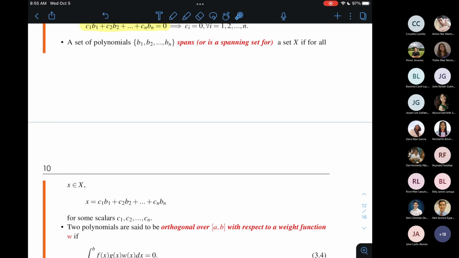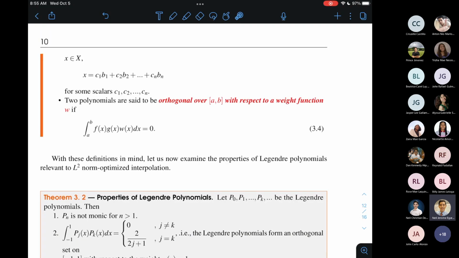Okay? And then lastly, huli na to from linear algebra, two polynomials are said to be orthogonal over the interval AB with respect to a weight function if the integral ng f of x times g of x times the weight function ay equal kay 0. Okay? So integrate mo lang si f times g times the weight function over the interval AB.